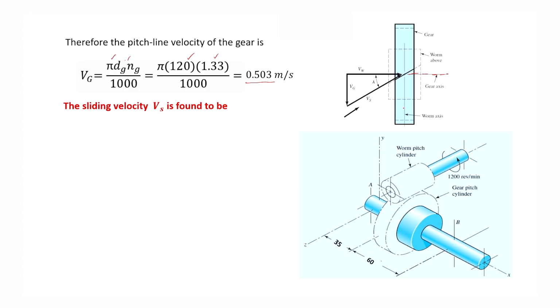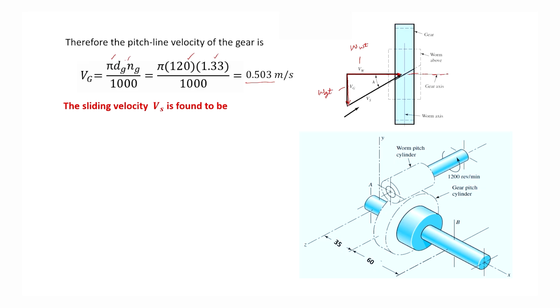Now, the pitch line velocity of the worm will be in the direction of its transmitted force, Wt. This is the direction in which the transmitted load on the worm will act, and the pitch line velocity of the gear will be in the direction of the transmitted force on the gear, that means Wgt.